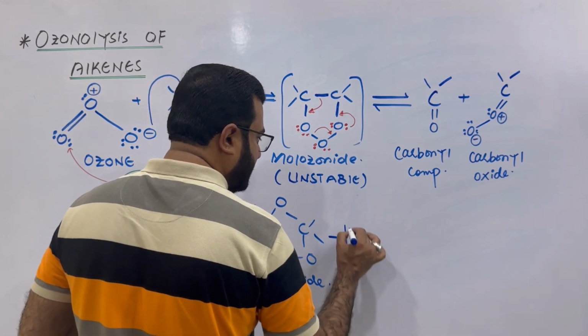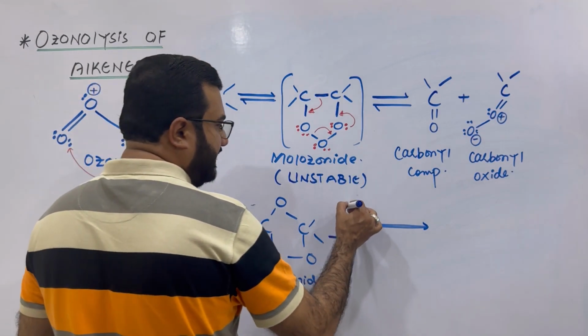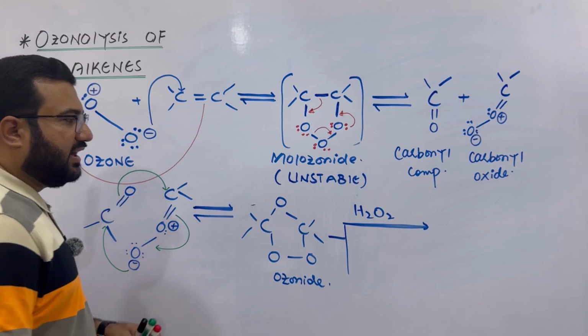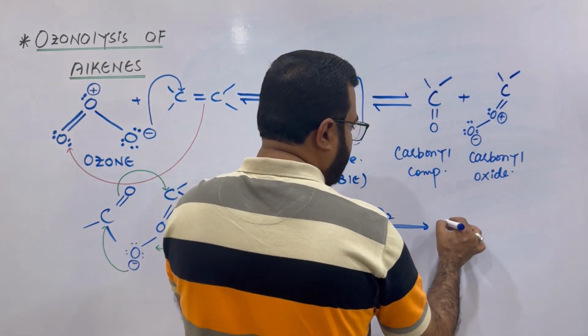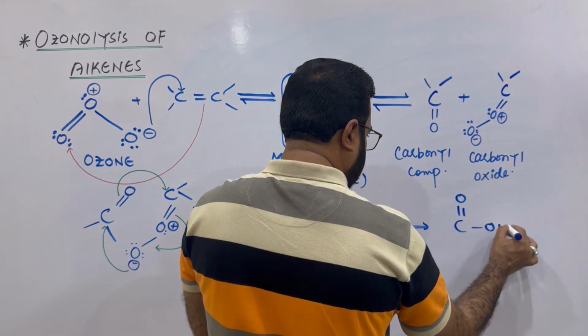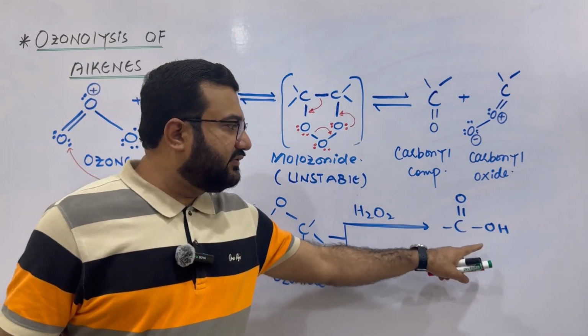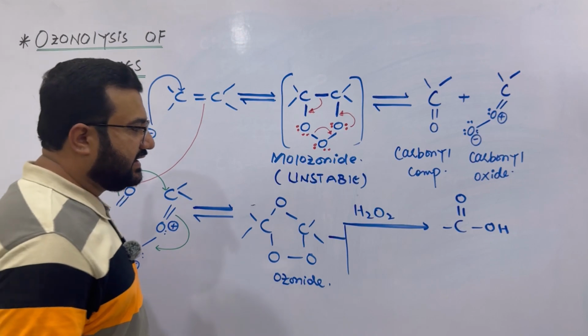Now there are two options. The first option is that oxidative workup starts with H2O2. If the oxidative workup starts with H2O2, then my dear students, the resultant products will be carboxylic acids. And what kind of carboxylic acids will be produced will depend on the structure of this alkene.